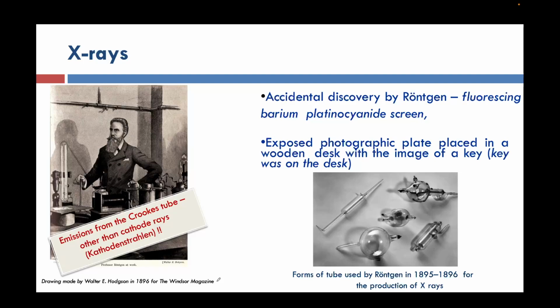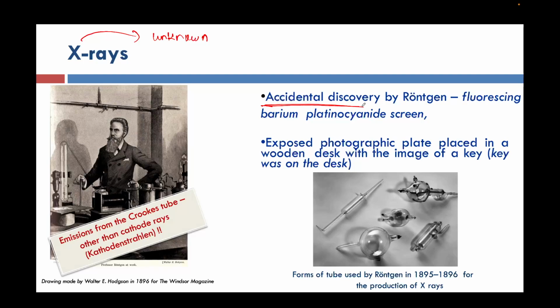Another thing is why the name X-ray was given. At the time of discovery, the X refers to an unknown. It was an accidental discovery by Röntgen. He did not know what kind of rays were coming out of these materials, so he was not sure about that.